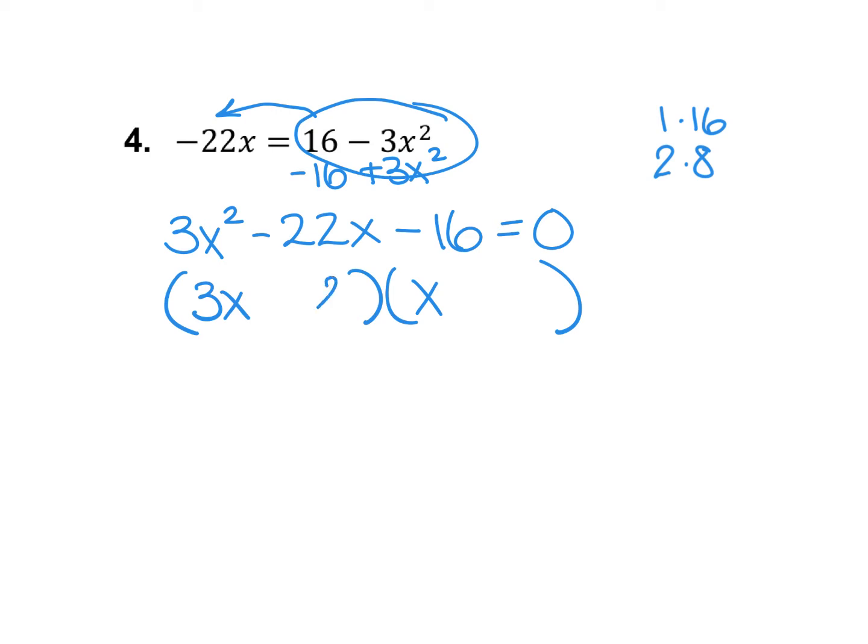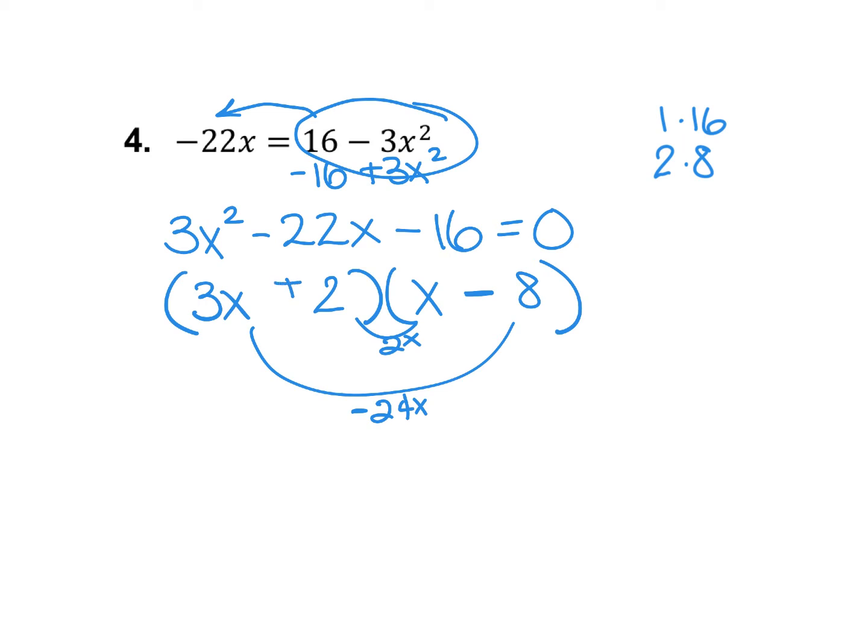If I had 2 and 8, I'd have 2x, and I'd have 24x. Can I make a negative 22 out of that? Yeah, because 24 minus 2 is 22, and I need a negative. So that means that my bigger one has to be the negative, so that this becomes a negative 24x, and this is going to become a positive.